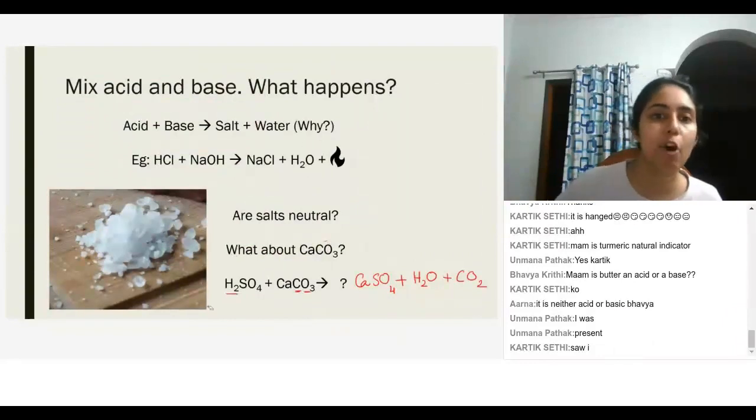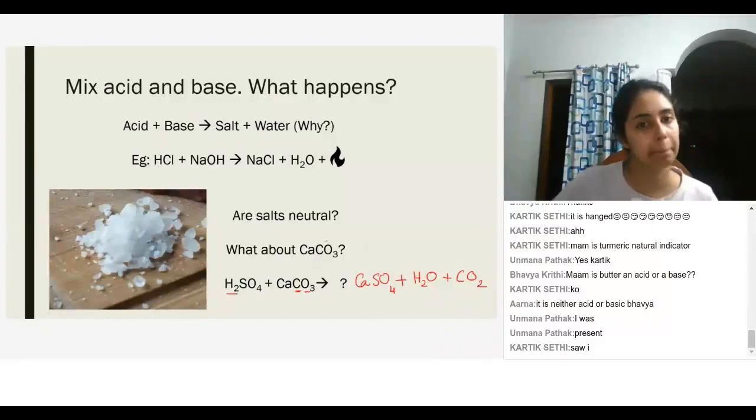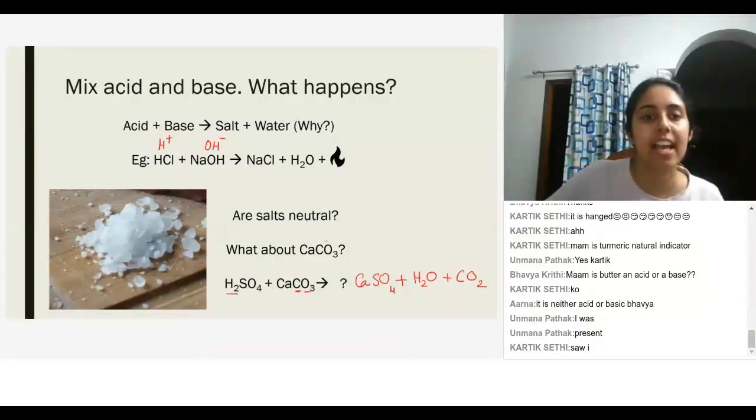So when you mix an acid and a base, what happens? It forms a salt and water, because acids, when put in aqueous solution, release H plus ions, and bases, when put in aqueous solution, release OH minus ions. So this H plus and this OH minus combine with each other to form water.